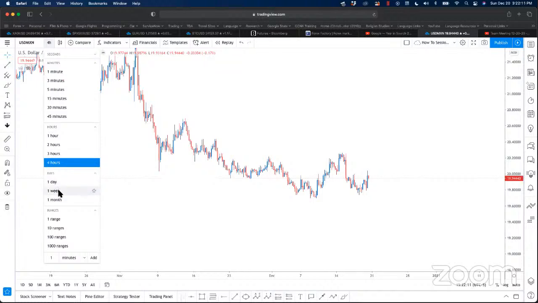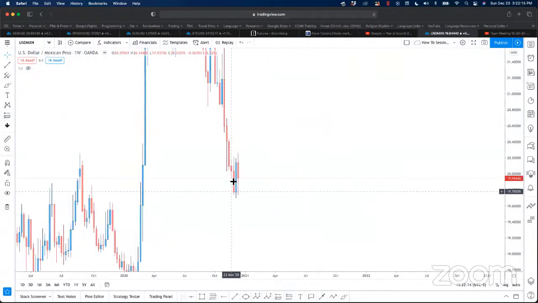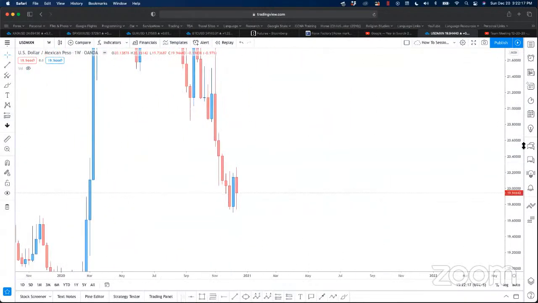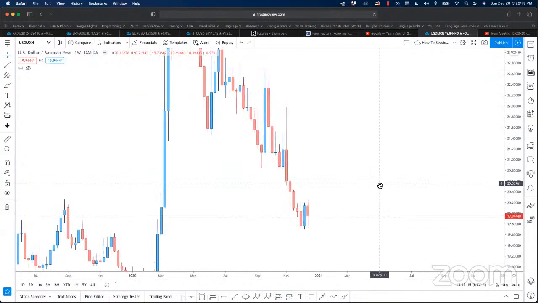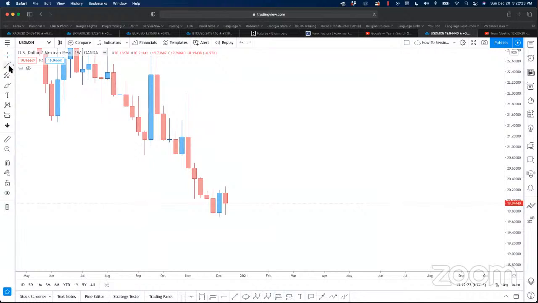So the first thing you want to do is hop to the weekly. And then from the weekly, take the opening price and pull it over to the next week. So for this week, this is the opening price here.